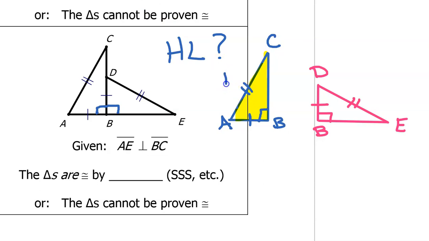Do I have the hypotenuse? Yes, the hypotenuse is across from the 90-degree angle and it is marked. Do I have a leg? Yes, any other side of the right triangle will be a leg. So we have a hypotenuse and a leg congruent to the hypotenuse and the leg. So this is, in fact, hypotenuse leg.